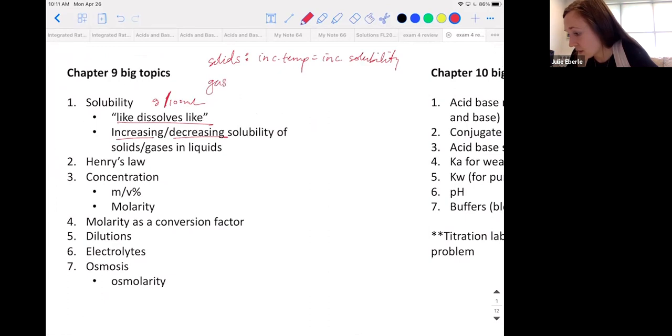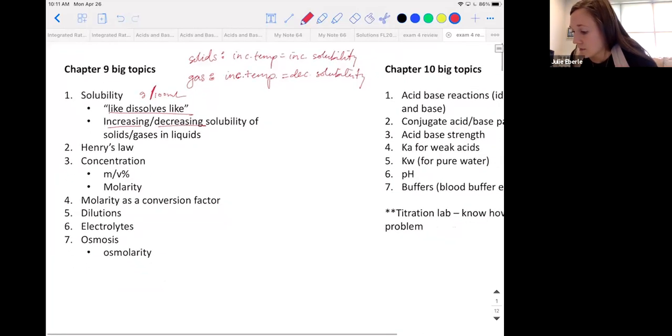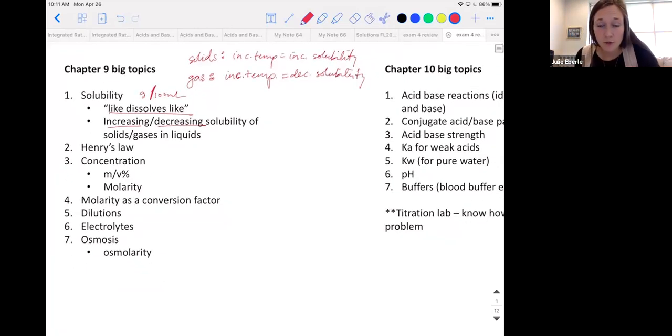A gas dissolves in a liquid such as a Coke. If you increase temp, you decrease solubility. We use those solubility charts where you saw the trend, the data lines with a positive slope for solids and a negative slope for gases.